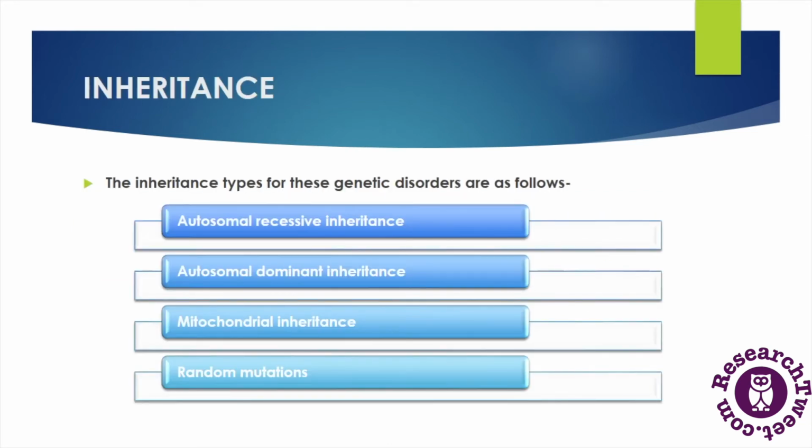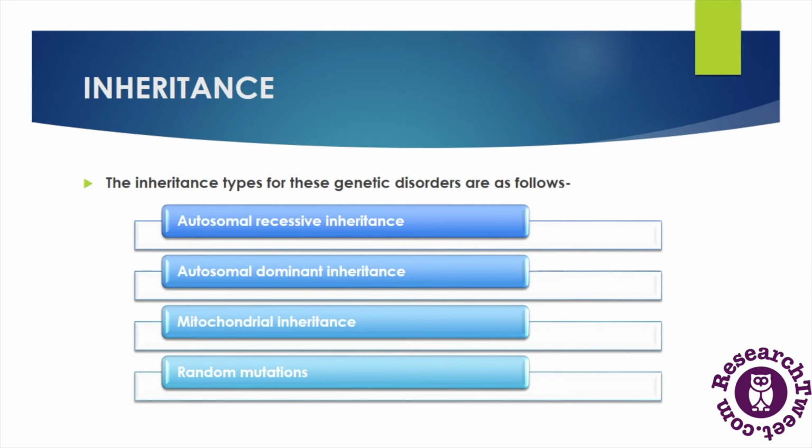Now let's understand the inheritance of this disease, or how the disease is inherited from the parents into the child. There are several inheritance types for this genetic disorder, which are autosomal recessive inheritance, autosomal dominant inheritance, mitochondrial inheritance, or random mutations. In the case of autosomal recessive inheritance, the recessive allele contains the gene for this disease.